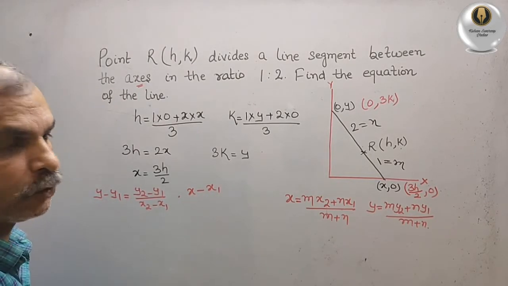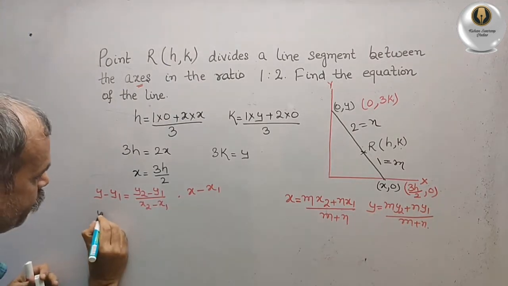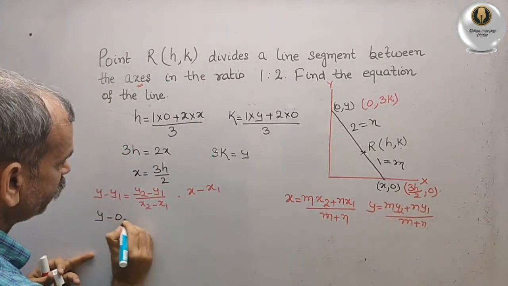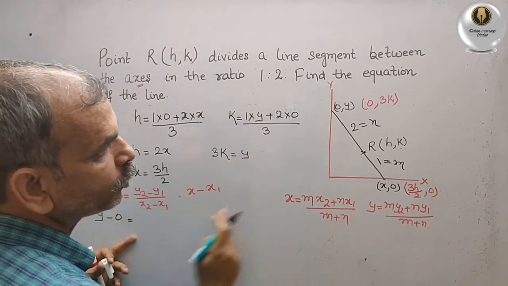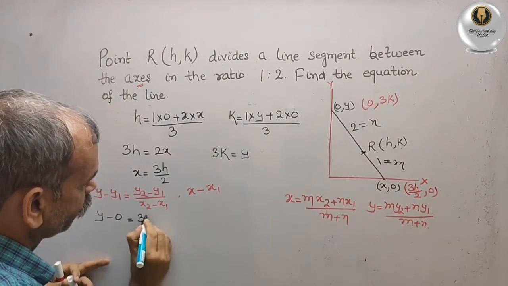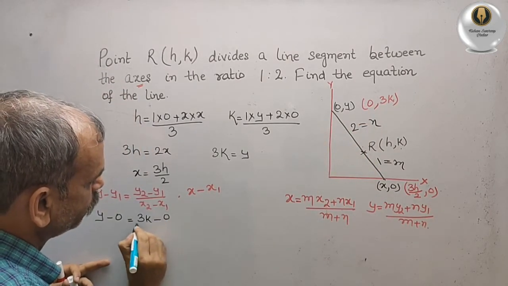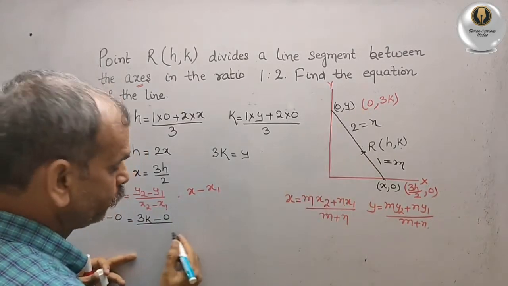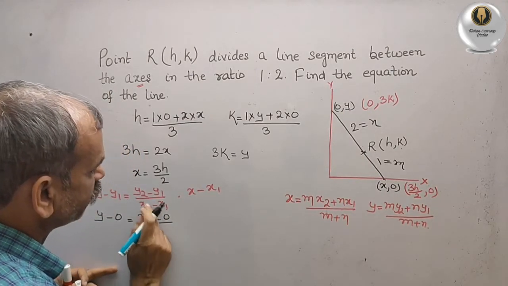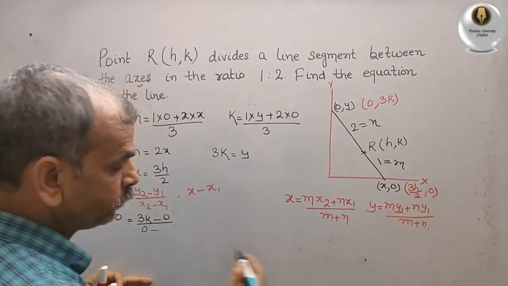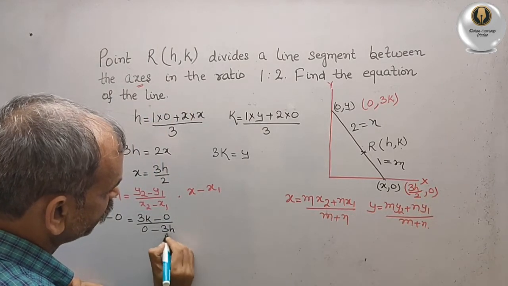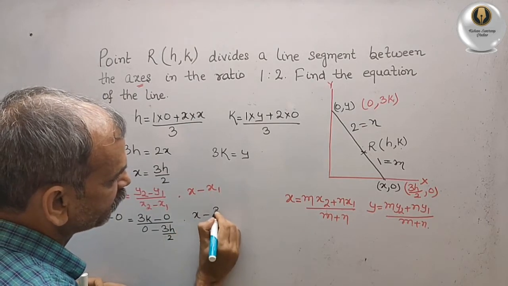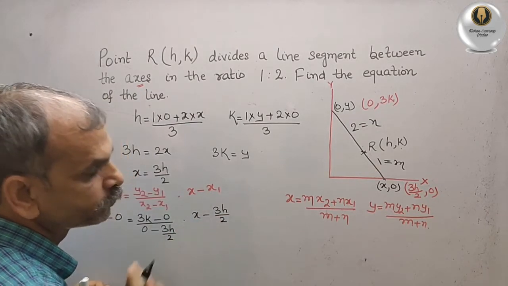Now we substitute the values. y minus y1, y1 is 0, is equal to y2, which is 3k, minus 0, by x2, which is 0, minus x1, x1 is 3h by 2, into x minus 3h by 2.